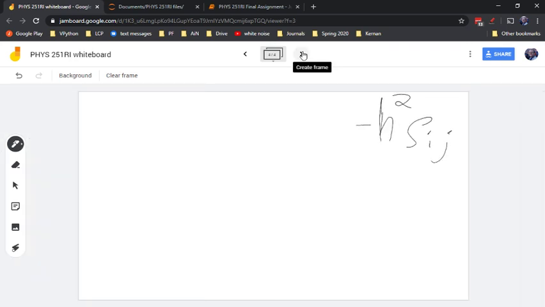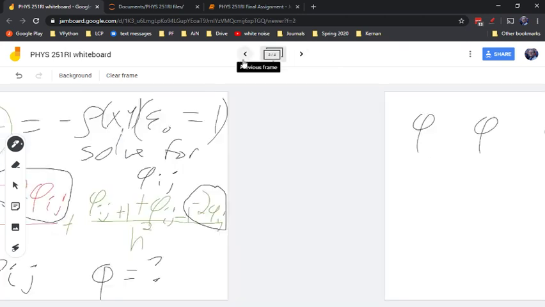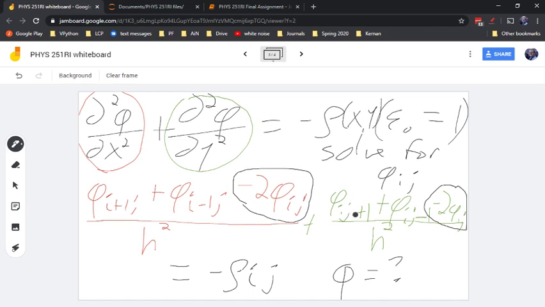So I'm going to have 4 phi's. I'm going to have a phi, and I'm only moving over the ones that have plus 1 or minus 1, right? So I'm going to leave the phi ij's alone.